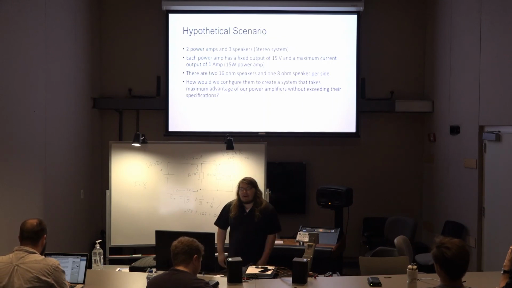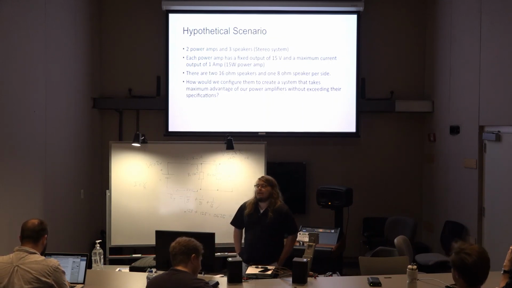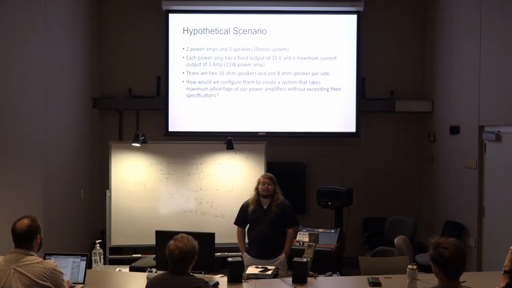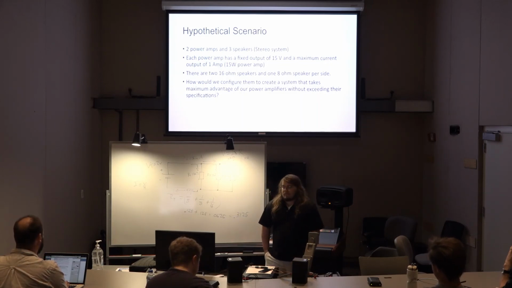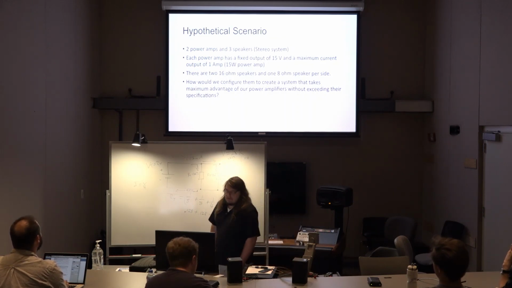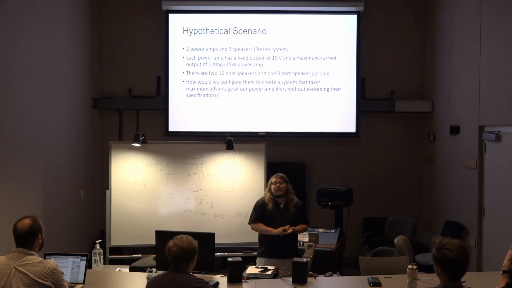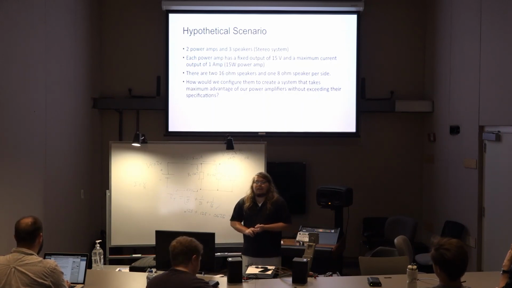So each power amp has a fixed output of 15 volts and a maximum current output of 1 amp. 15 watt power amp. That's a very small power amp, but that's fine. We have two 16 ohm speakers and one 8 ohm speaker per side.